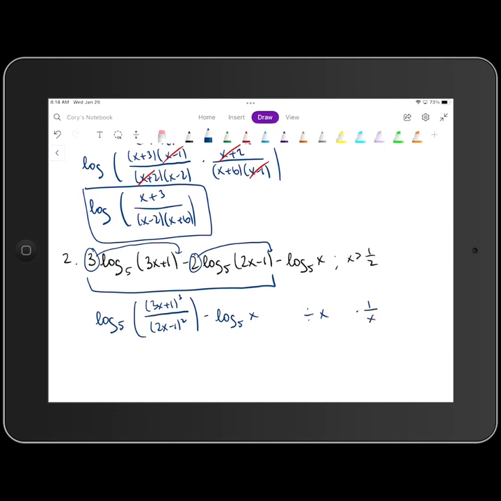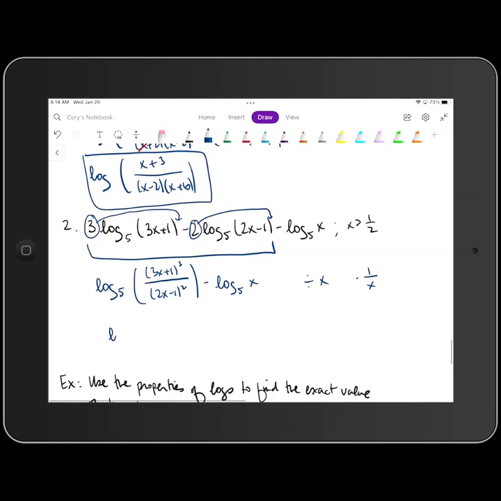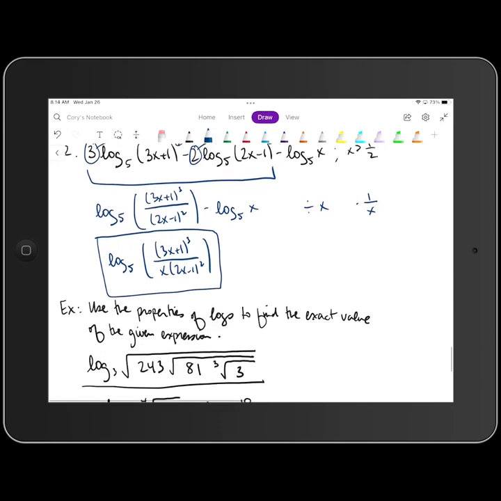So when I take those 2 log statements and combine them into a single log, we get the log base 5 of 3x plus 1 cubed over x times 2x minus 1 squared. So that's using our log properties to combine an expression with multiple logarithms into an expression with a single logarithm.